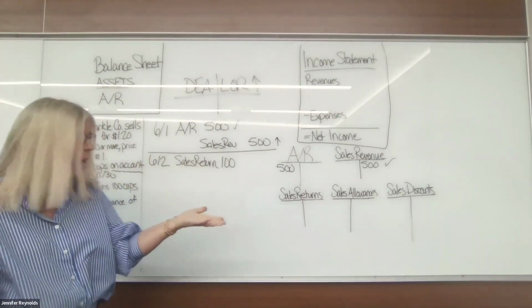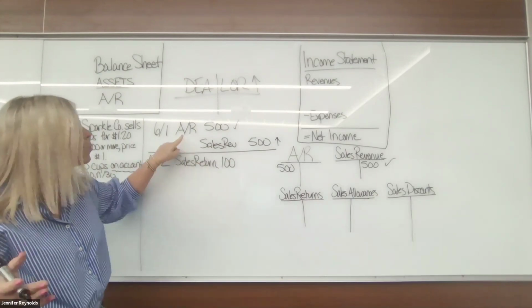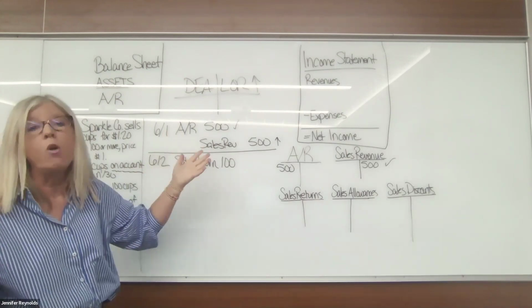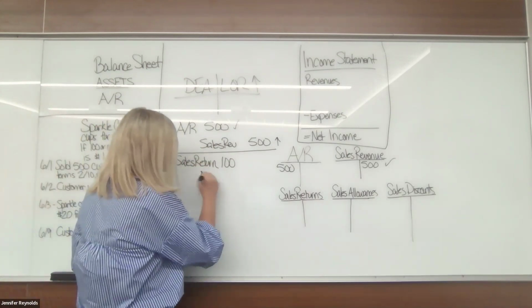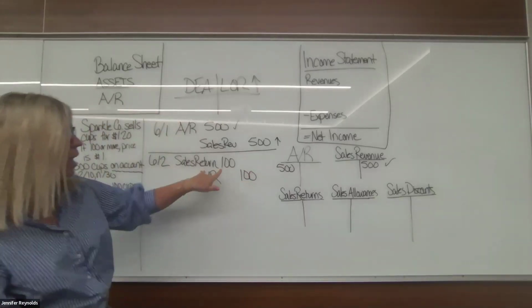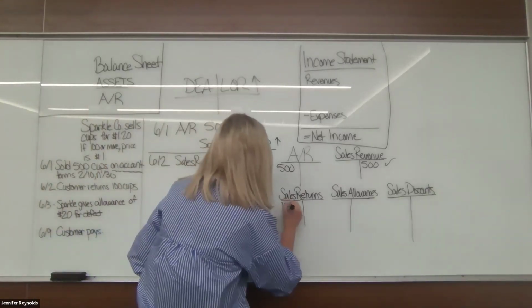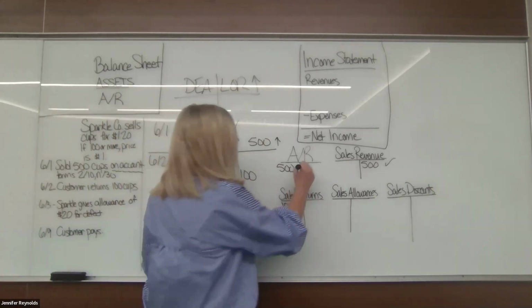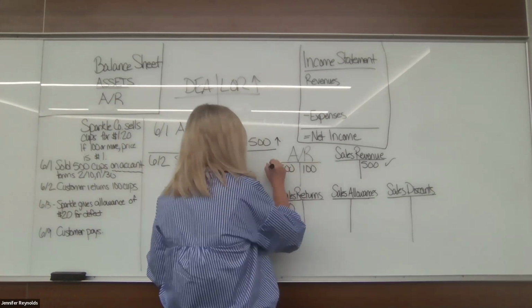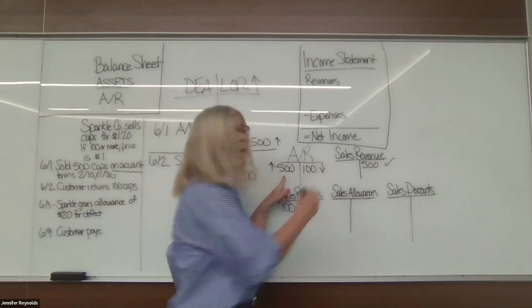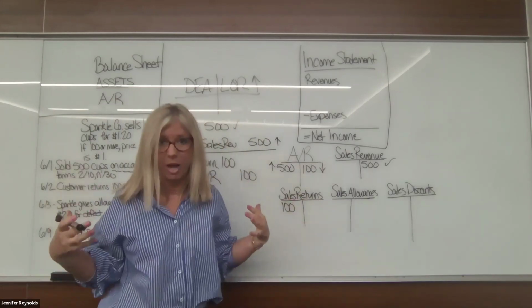Instead I reduce the AR account and say, now you owe me $100 less. So let's post this: $100 debit to sales returns, and $100 credit to AR. This customer owed us 500, and now they owe us 100 less because they brought the cups back.